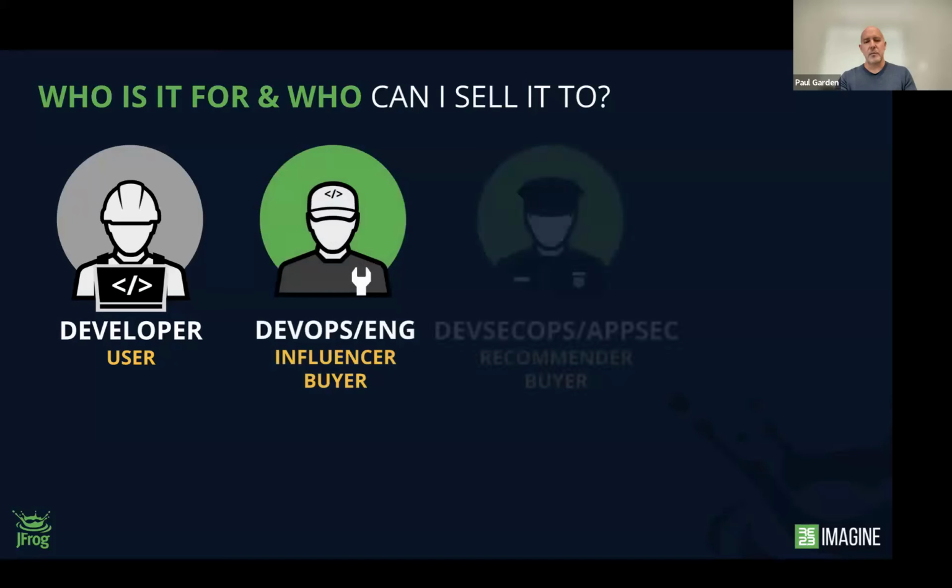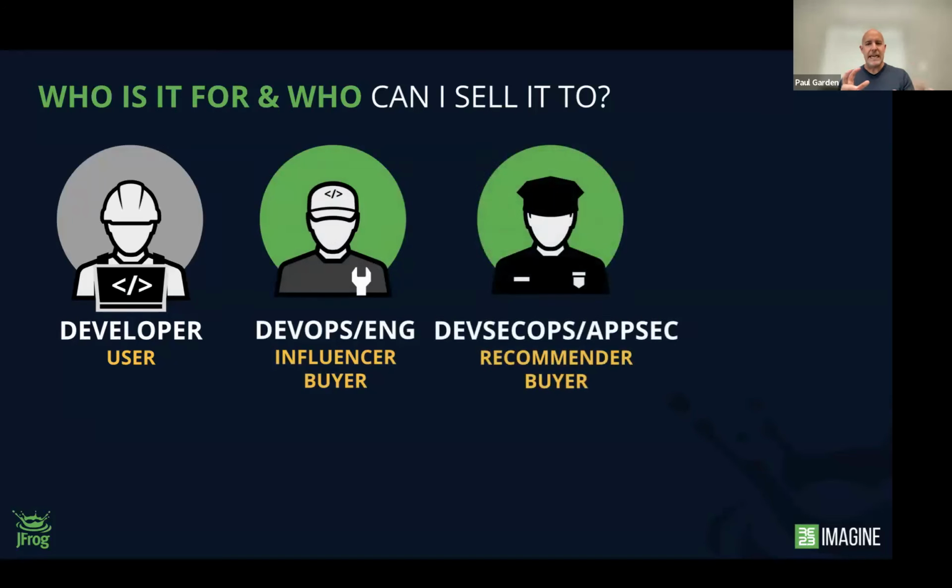So the DevOps and the security person almost have an equal vetting in this process. The DevOps team would be involved in setting up this tool chain, and the DevSecOps or AppSec or SecOps, the security people in the company, would care about it because it's taking care of a security function.